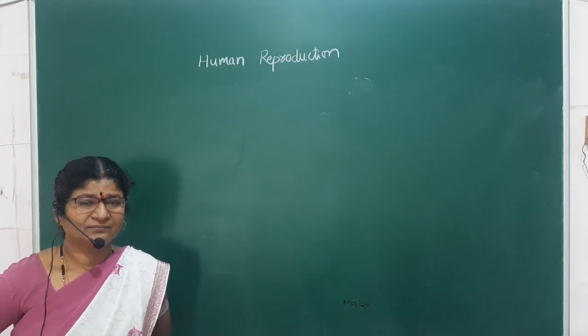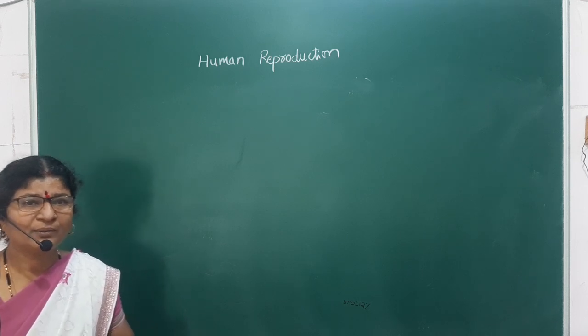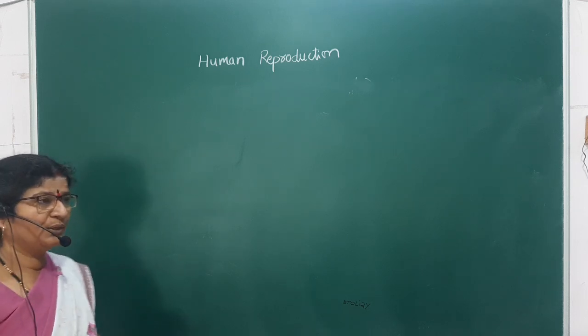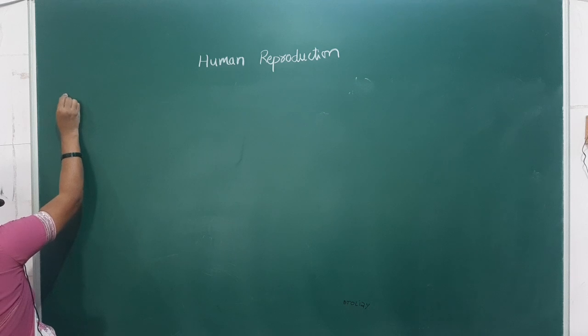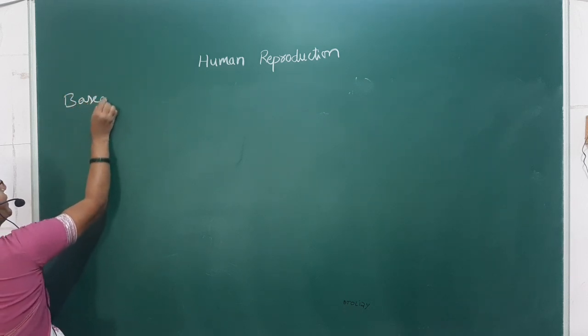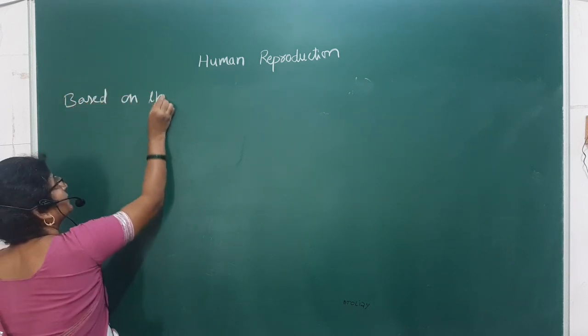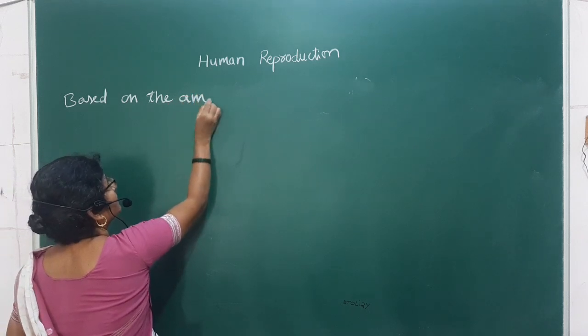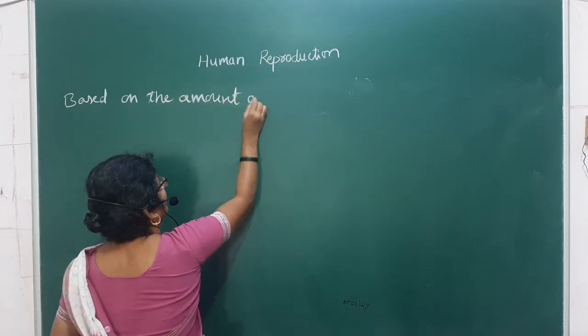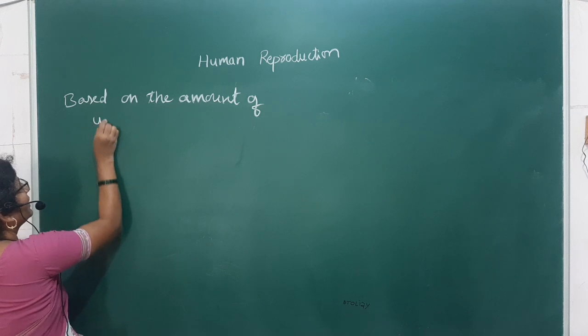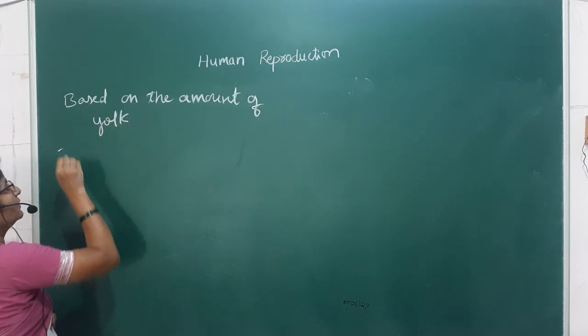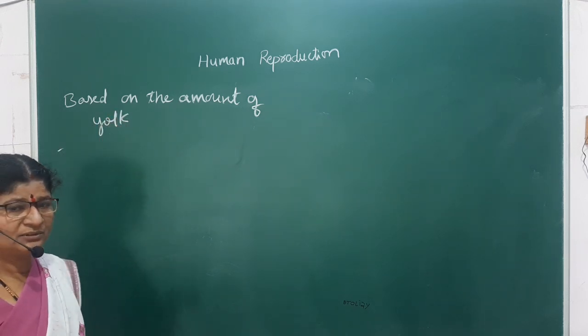Now let us see the classification of the ova based on the amount of yolk. Based on the amount of yolk, egg is classified into three types.